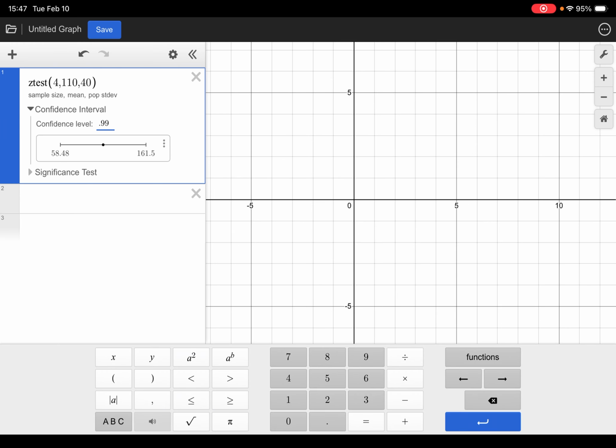I'm going to say that since our interval doesn't contain 300 minutes, I do not believe adults are exercising enough to ward off cancer.